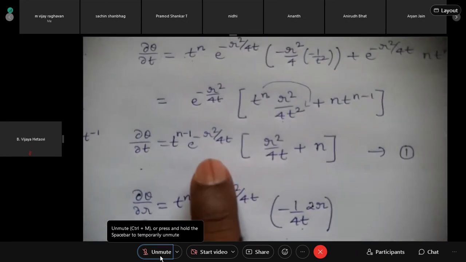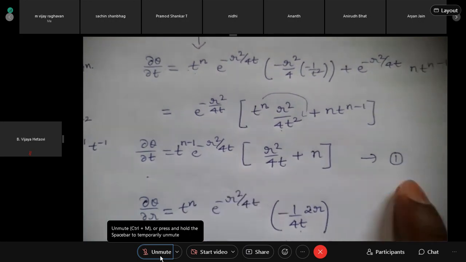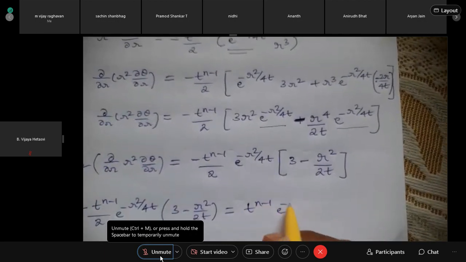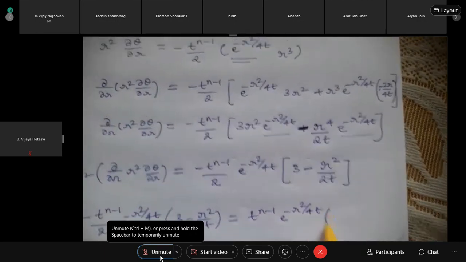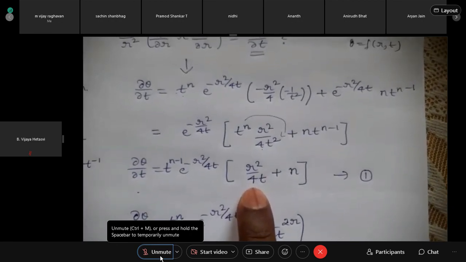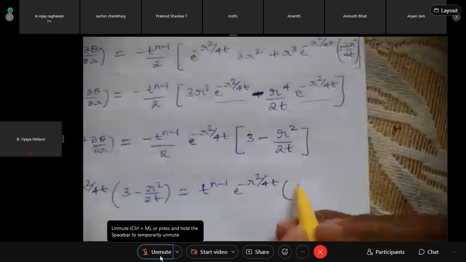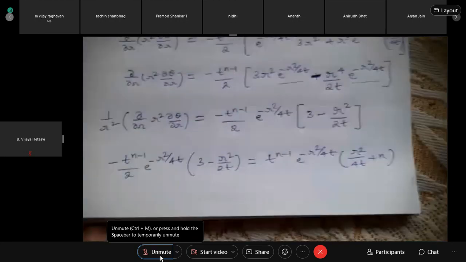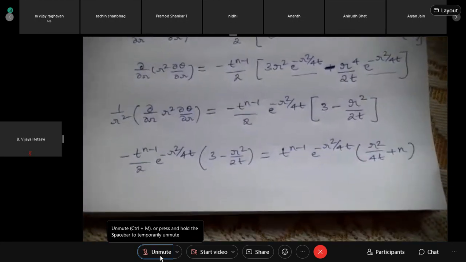That dou theta by dou t, from equation number 1, is t to the power of n minus 1 e to the power of minus r square by 4t, along with r square by 4t plus n. Now, if you compare this, can we cancel something?